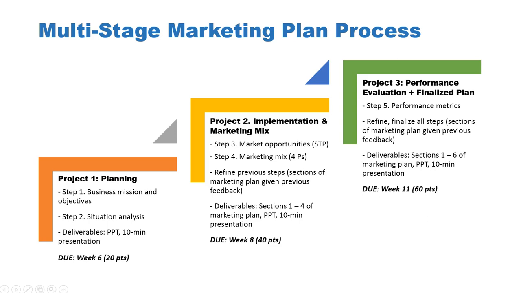So you'll want to make sure that you reflect that development, that refinement, in the final product, right? And the deliverables there will be the entire paper, sections 1 through 6, as well as a PowerPoint, and then the 10-minute presentation. This is due during the last week of class, and this is worth 60 points.